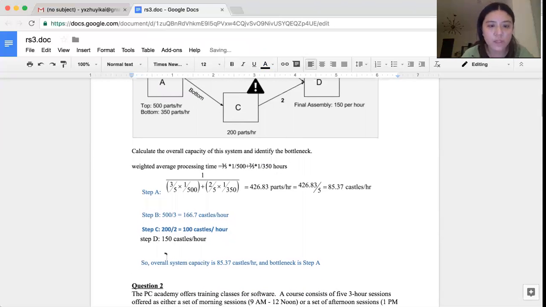So we know the overall capacity for the whole system is limited by step A. So step A is the bottleneck because the capacity for step A is the smallest one.